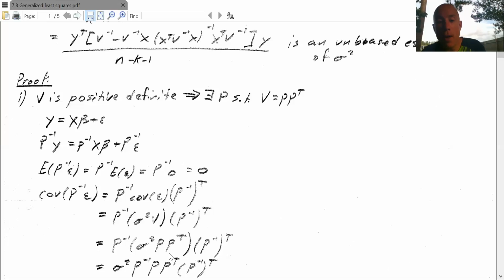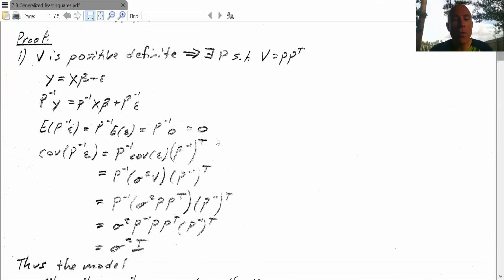Now, what am I going to do? I'm going to factor out a scalar, because I can factor out scalars in matrix multiplication all I want. And then I'm just going to rearrange the order. So I can see that we're going to have P inverse P, which is the identity matrix, and P transpose times P inverse transpose, which will also be the identity matrix.